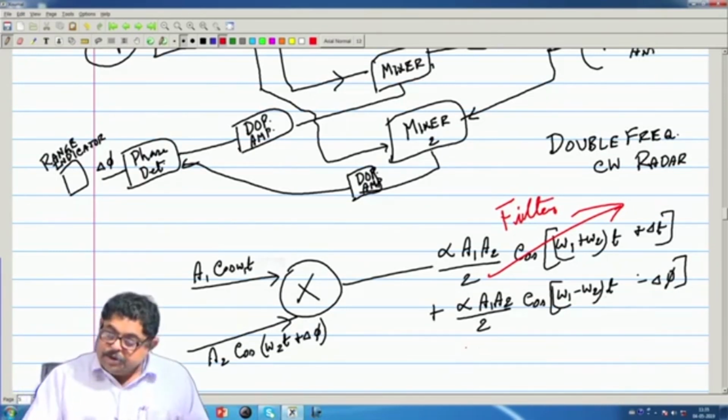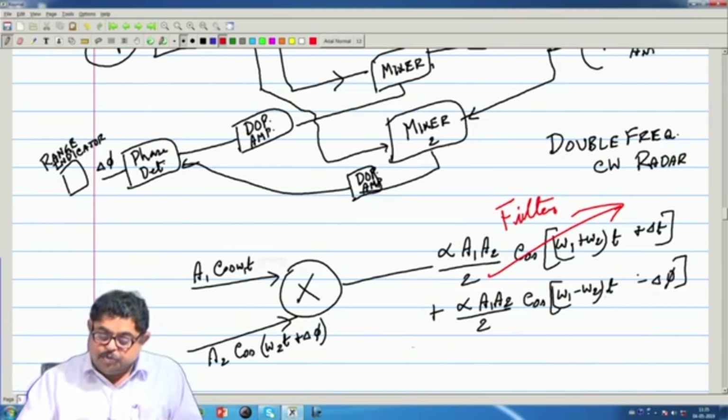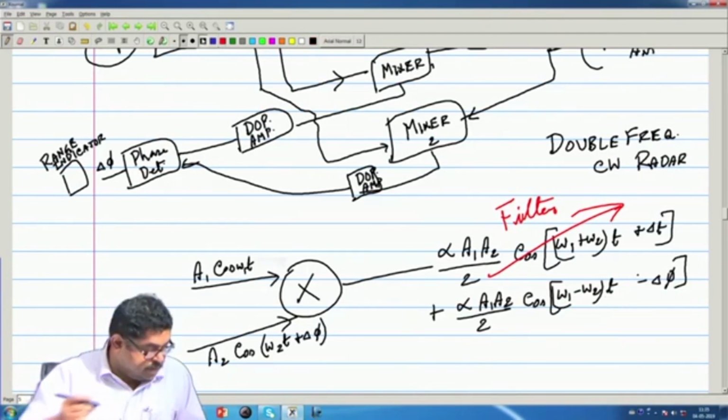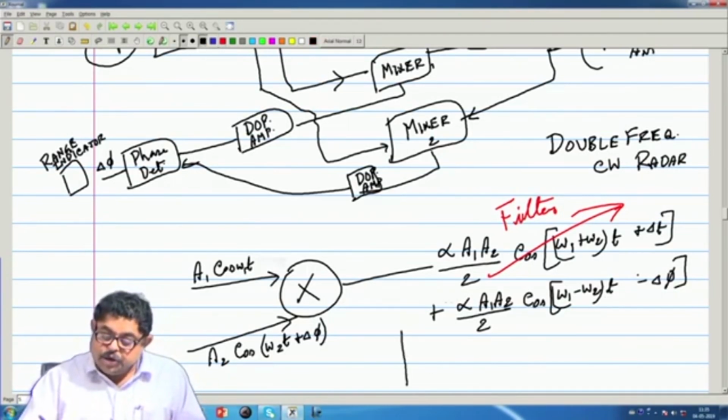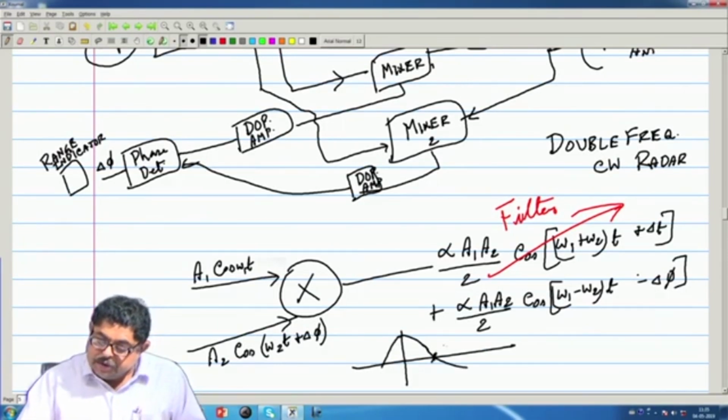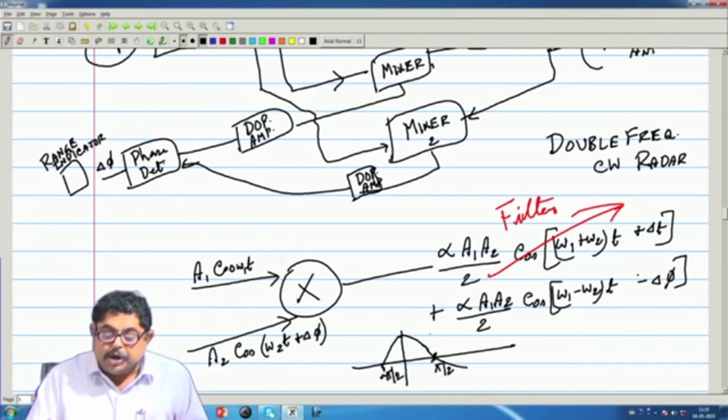That means you can put a phase lock loop in the circuit. If we call this signal y t, then for the phase lock loop, you know that this is a cosine function. So, this is your pi by 2, this is your minus pi by 2. Near this you have a linear region.